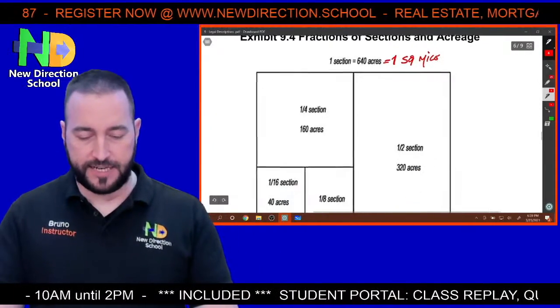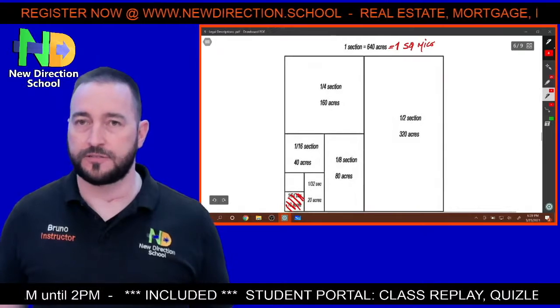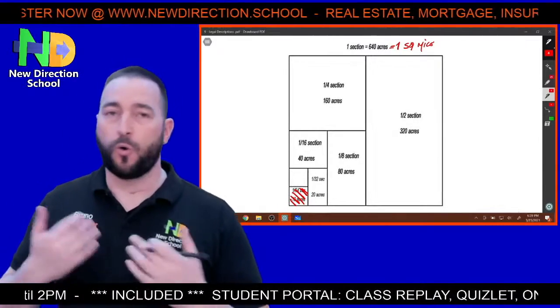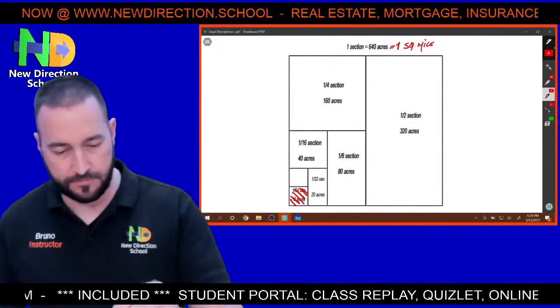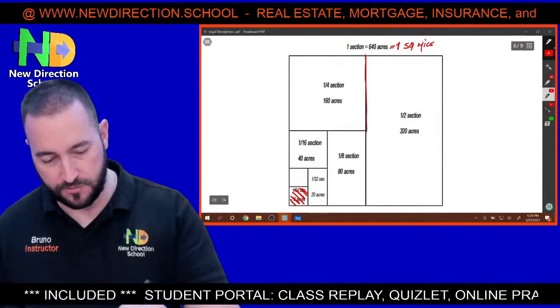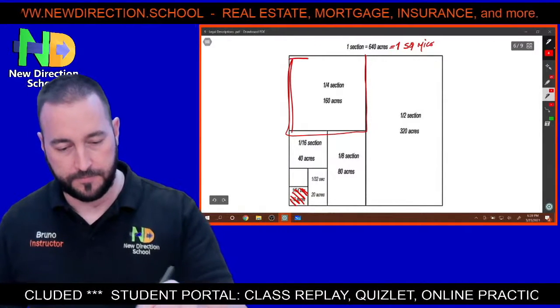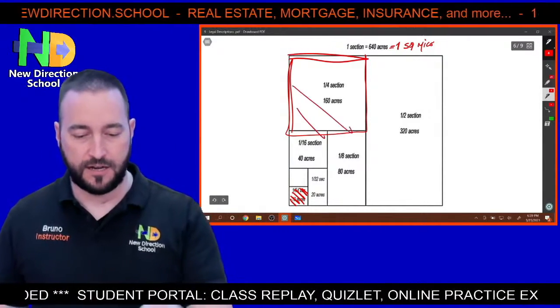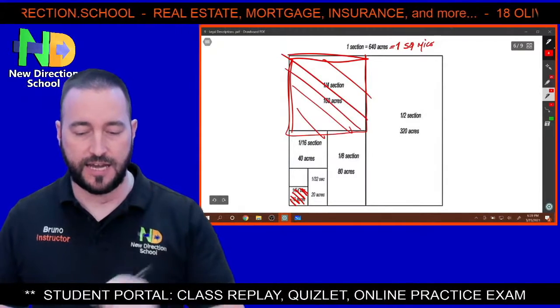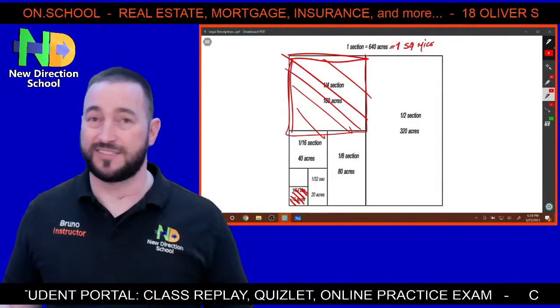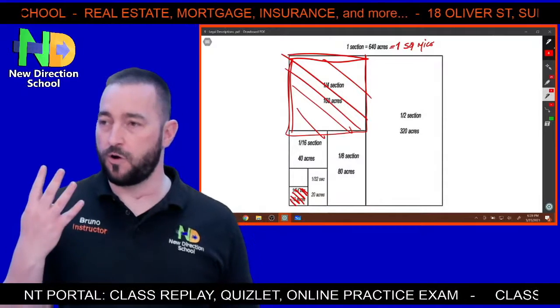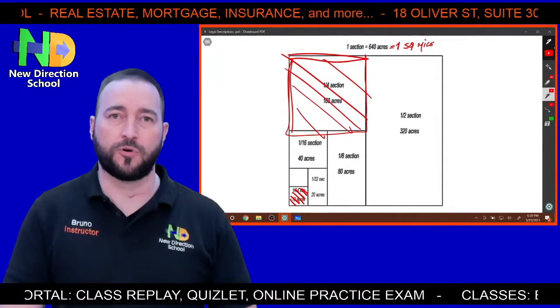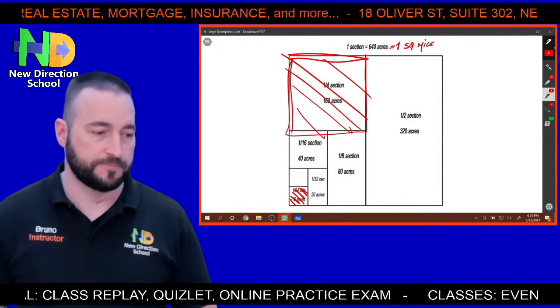And then we're going to divide the section into 4 parts. If I have a quarter of the section, let's say this is what I own, that means I own 160 acres, because it's 640 divided by 4. I got a quarter, so 640 divided by 4. So I have 160 acres.